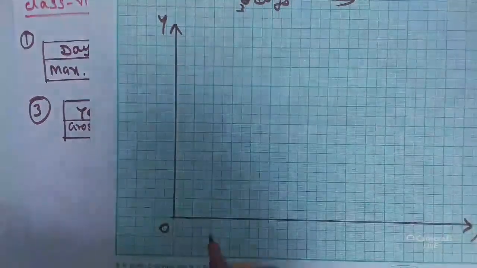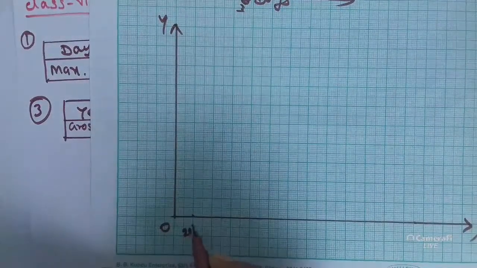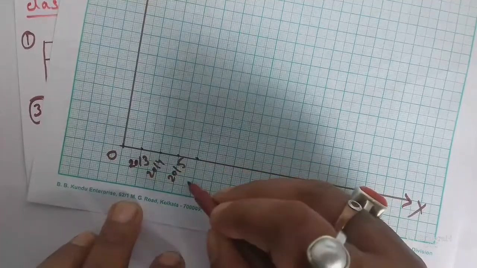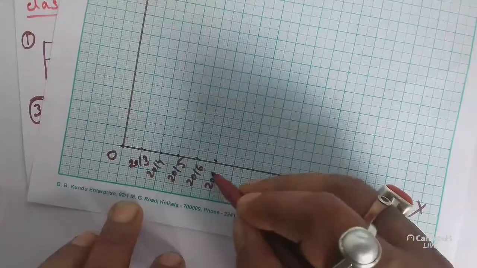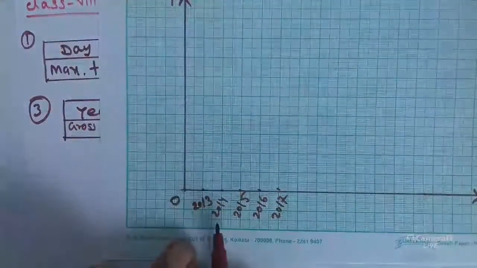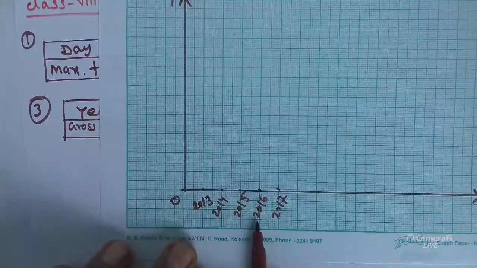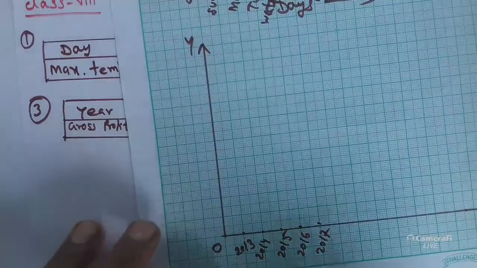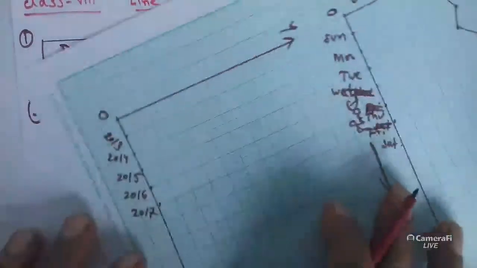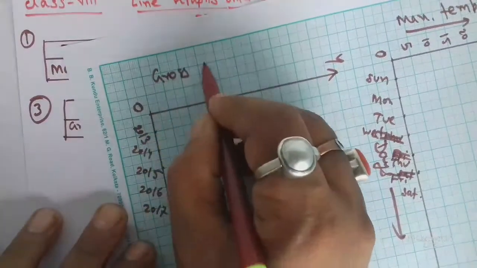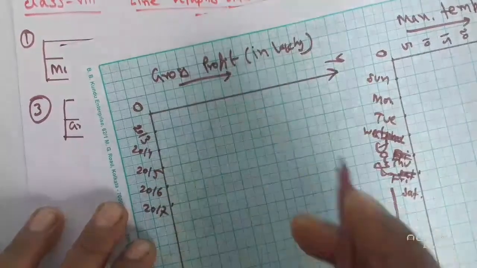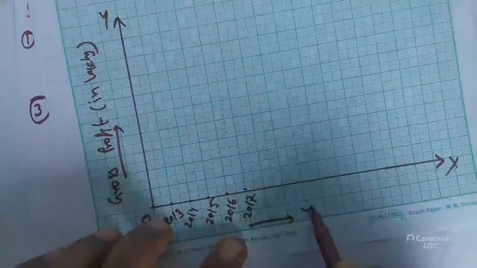So first one is 2013, then next one is 2014, 2015, 2016 and 2017. And along y axis we have to take gross profit in lakhs, and along x axis we have already taken year.